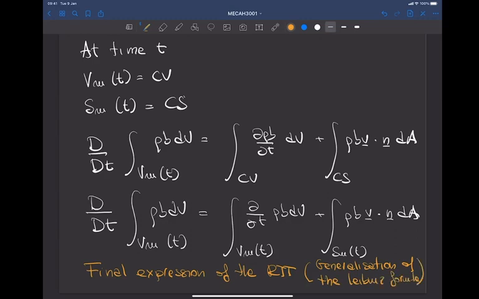Okay, so we have now, you see, an RTT form that is applied to a moving fluid element of fixed identity.